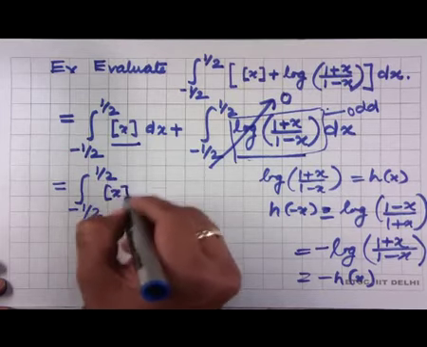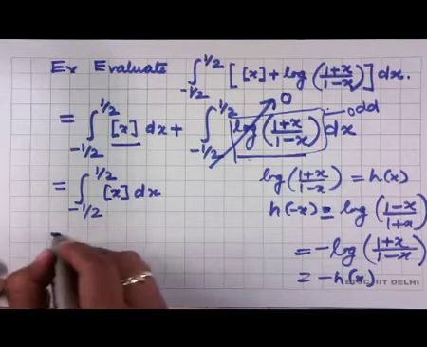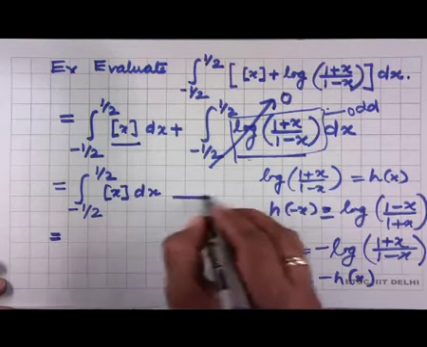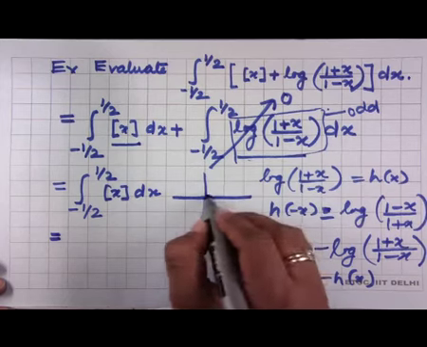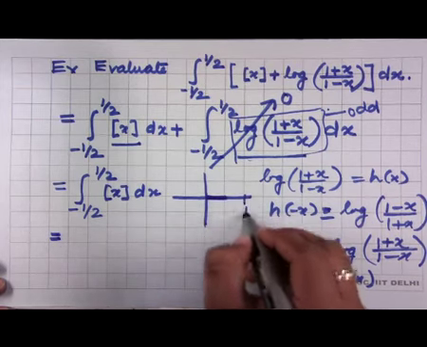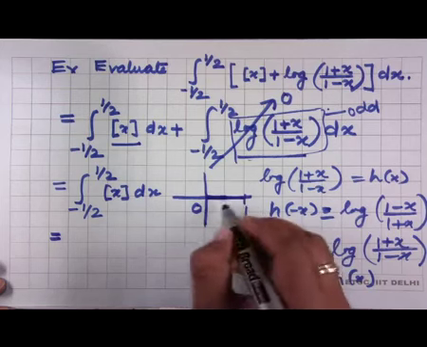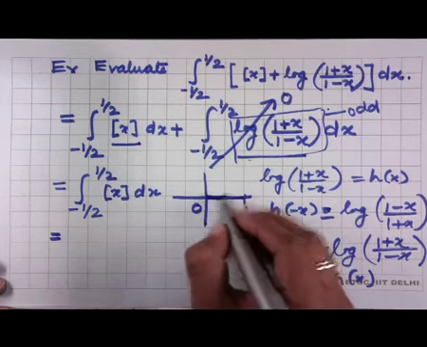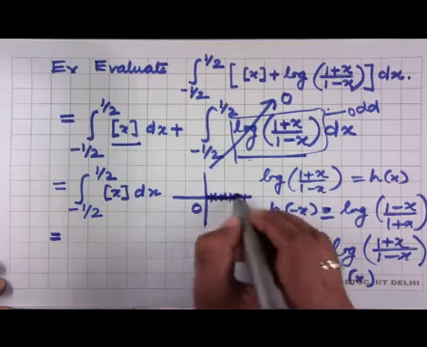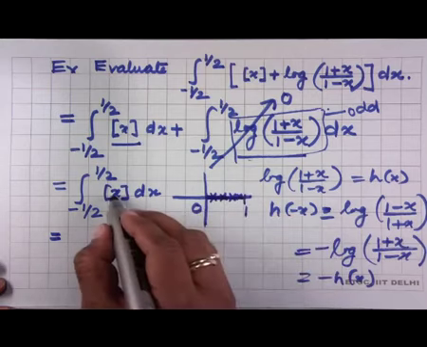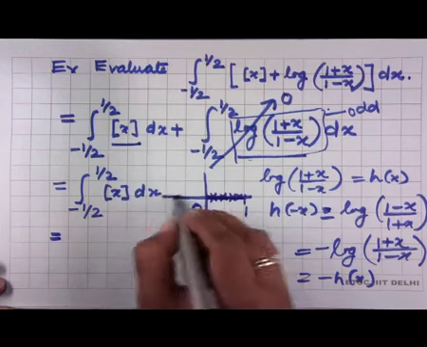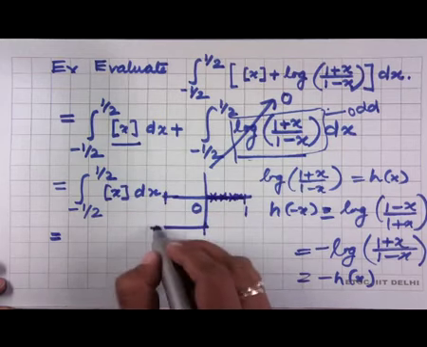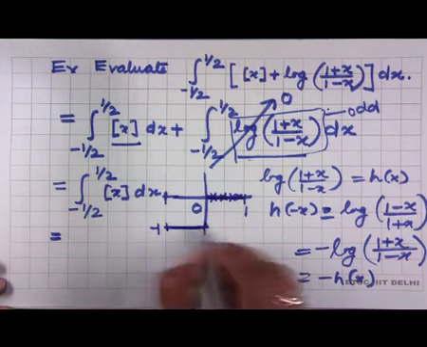greatest integer function x dx. So the greatest integer function takes value 0 between... so this is the plot for the greatest integer function from 0 to 1, and then from minus half to 0, that is from minus 1 to 0, it takes value minus 1.